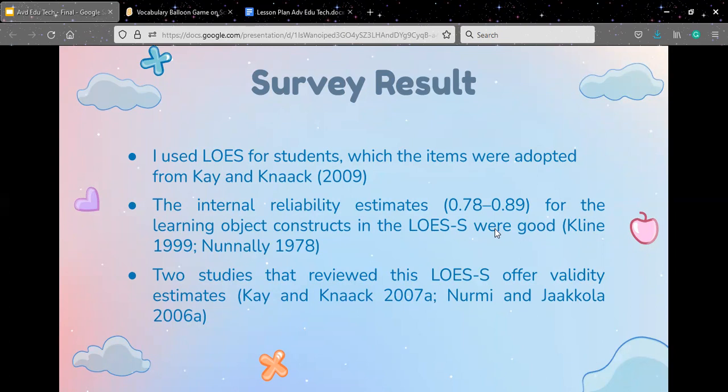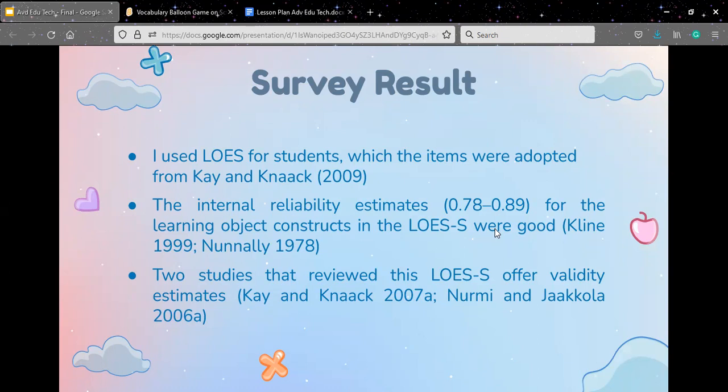2009. For the reliability and validity of this survey, it stated that the internal reliability estimate was 0.738 to 0.89 for the learning object constructs in the LOES.